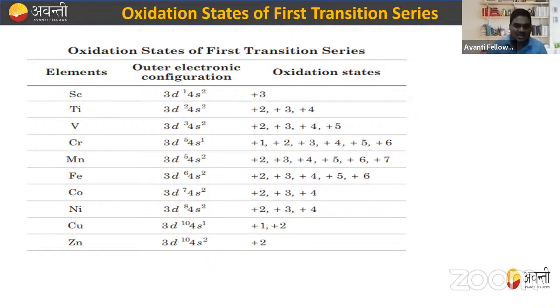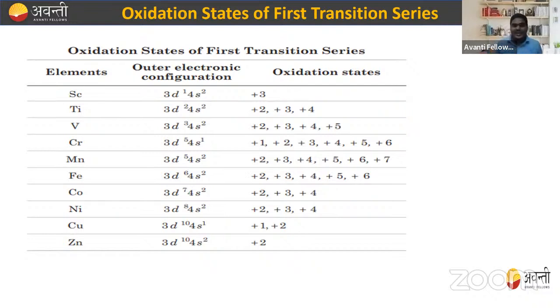Now Fe starts showing either plus 2, plus 3, plus 4, plus 5, or plus 6. So it will show a maximum oxidation state up to 6. Similarly 3d7 shows plus 2, plus 3, plus 4. 3d8 shows plus 2, plus 3, or plus 4. 3d10 shows plus 1 and plus 2, and 3d10 shows plus 2 only.